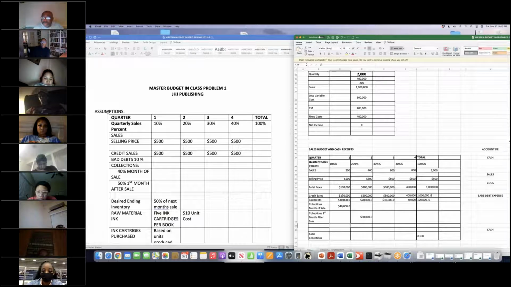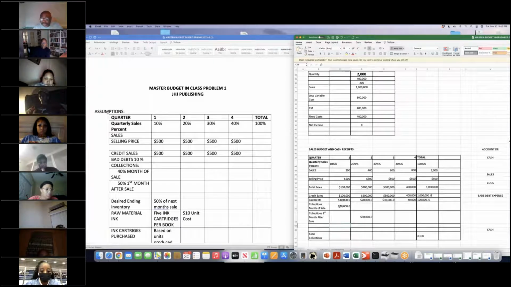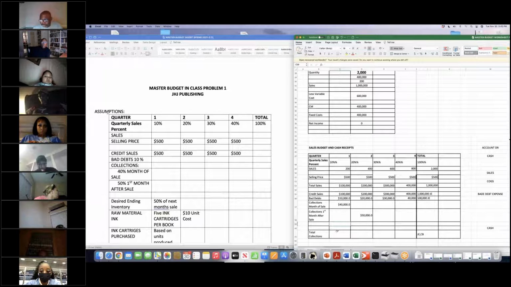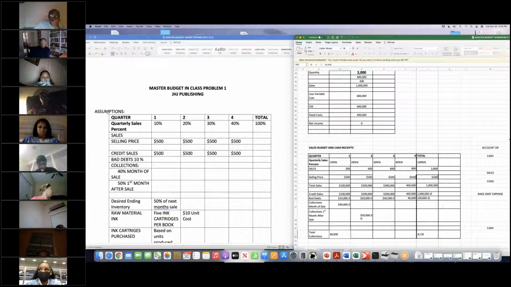So when we sell for 100,000, 10,000 we're never going to get, 40,000 we get in the first quarter, then 50,000 we get the next quarter. So even though we sold 100,000, we're only collecting 40,000 in the first quarter.